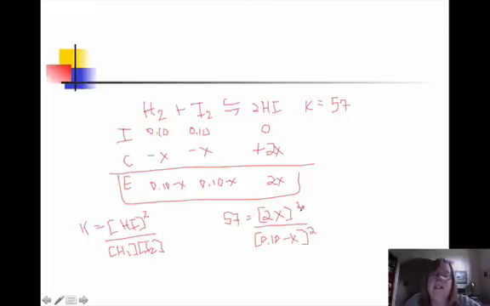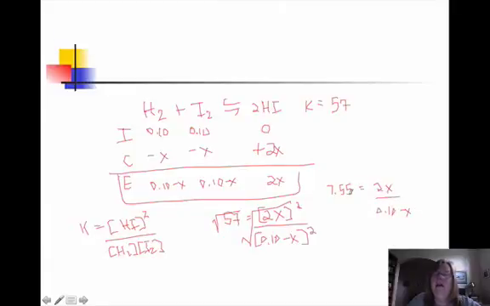Now to solve this, I'm going to take the square root of both sides, and I'm going to get the square root of 57, which is 7 something, I think. Yes, 7.55 is equal to 2x divided by 0.1 minus x.